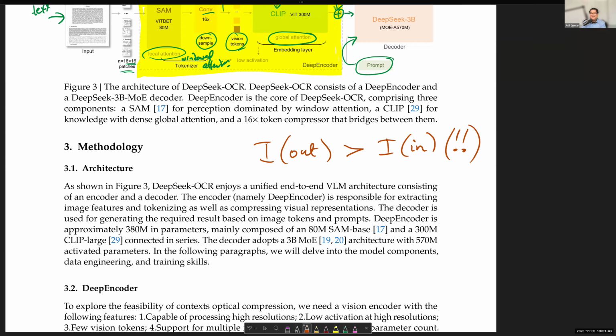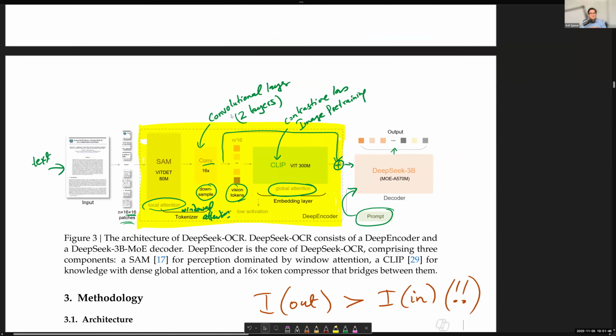Surprisingly, because in the journey there are all these powerful elements sitting. There is SAM sitting, right? There's convolutional sitting. There is CLIP sitting. They are all trying to understand that picture globally, locally, and in so many ways.